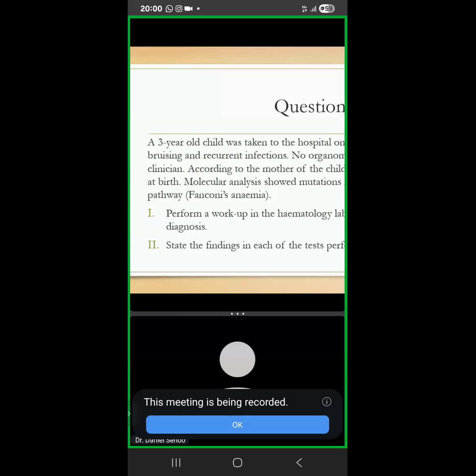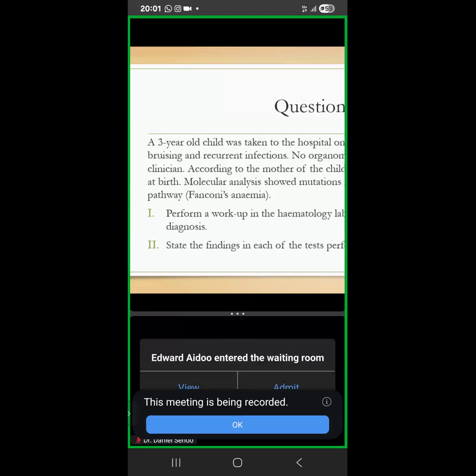So please, what would you expect to see in the peripheral blood film, given the scenario and all the information you have?